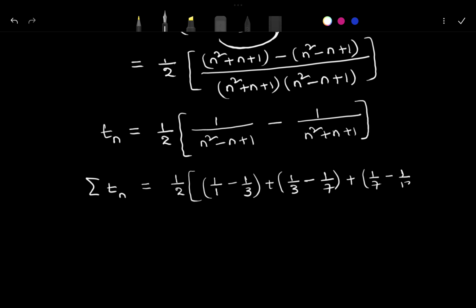Plus, and so on, up to the last term, n equals n.